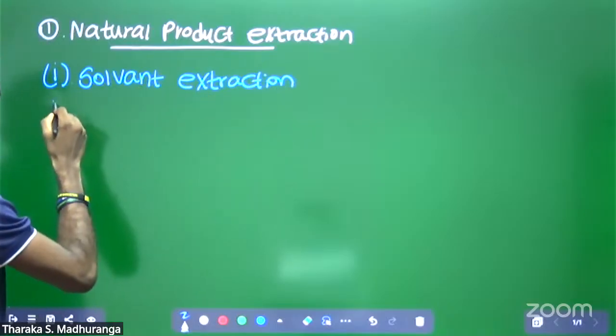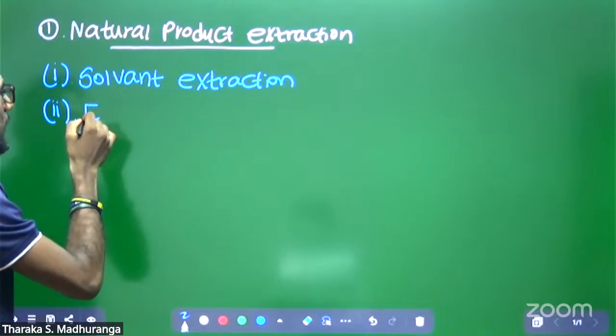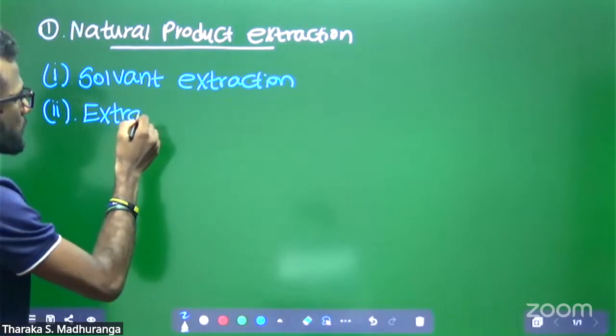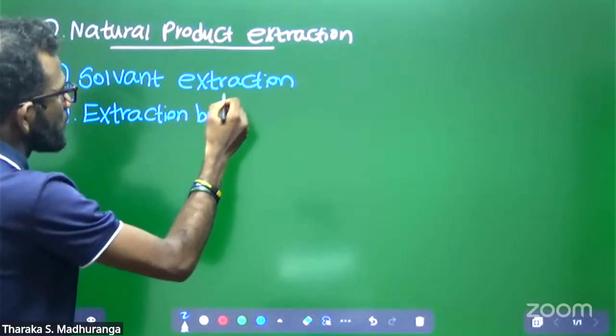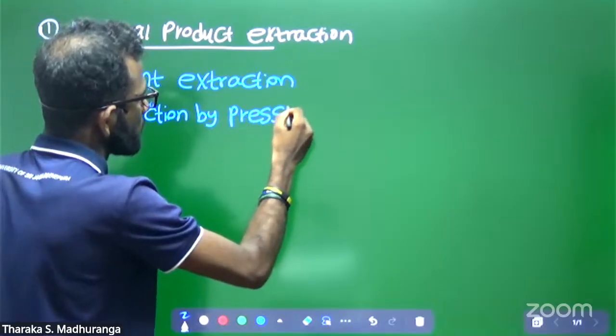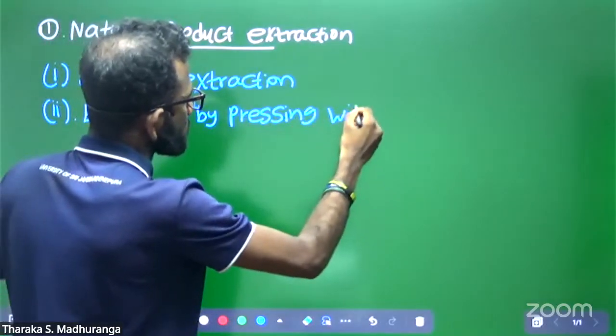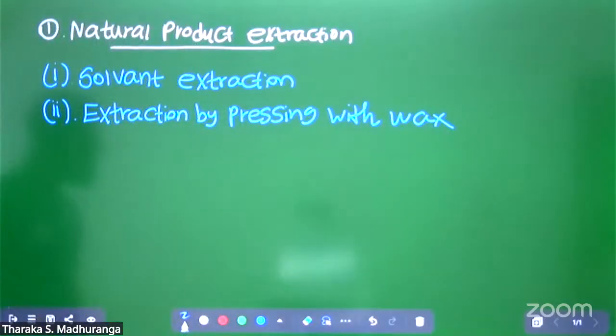The second one is what? The extraction by pressing with wax.